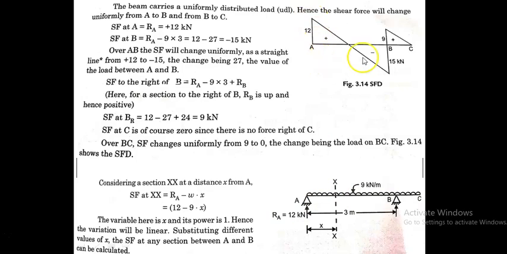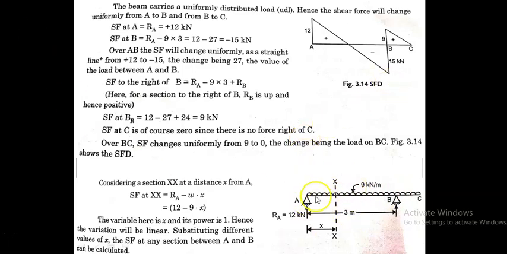Then from A to B, the load is uniformly distributed and the shear force varies. It is 12 upward, whereas the downward force is uniformly distributed, and the distance between A and B is 3 meter.